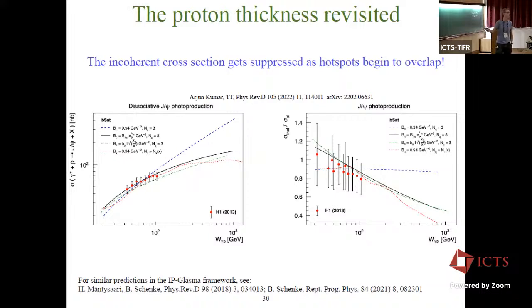But there's no data in this region, so we can't really tell if this is actually the physics that is happening or not. And also the inelastic to elastic ratio shows this big suppression of incoherent events at small x at large W. So potentially this can be measured at the LHC in ultraperipheral collisions, but they haven't really managed to do it yet. But they say that they will do it in the next few years.